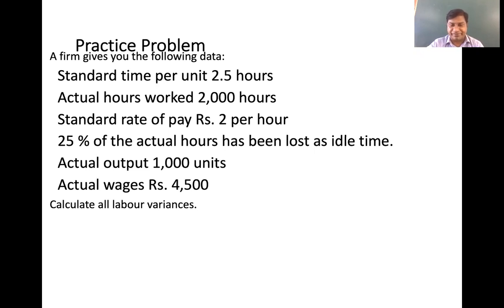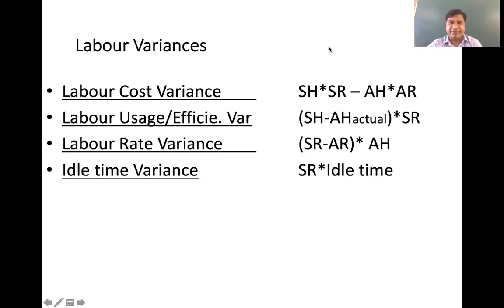Recollect the formulae. What's the first equation? Labor cost variance is standard hours into standard rate minus actual hours into actual rate.